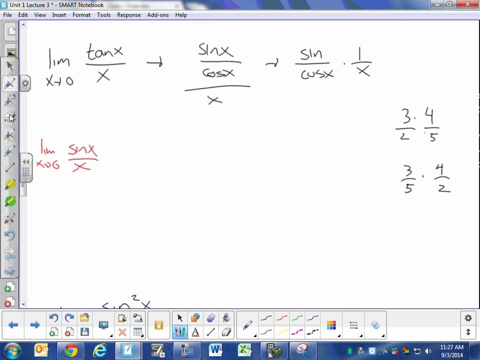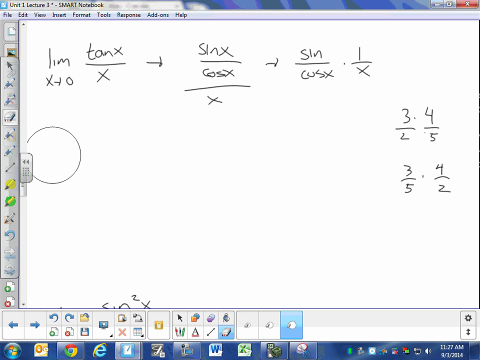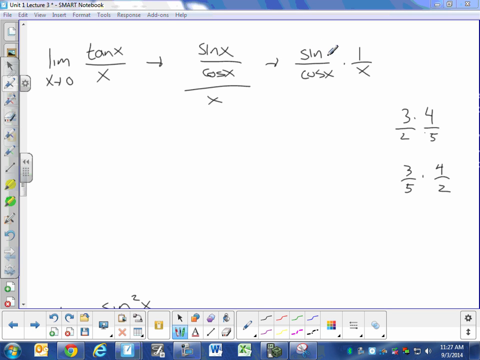Here, I can turn this into sine of x over x, and then times 1 over cosine x. I can kind of move things so that we have what we want that we can work with. All of a sudden, x pops over here, cosine will pop over here.